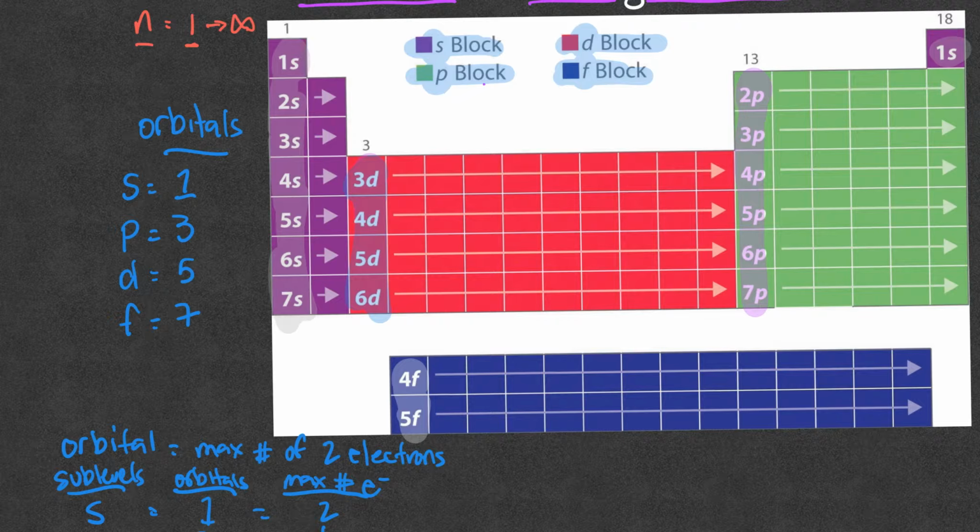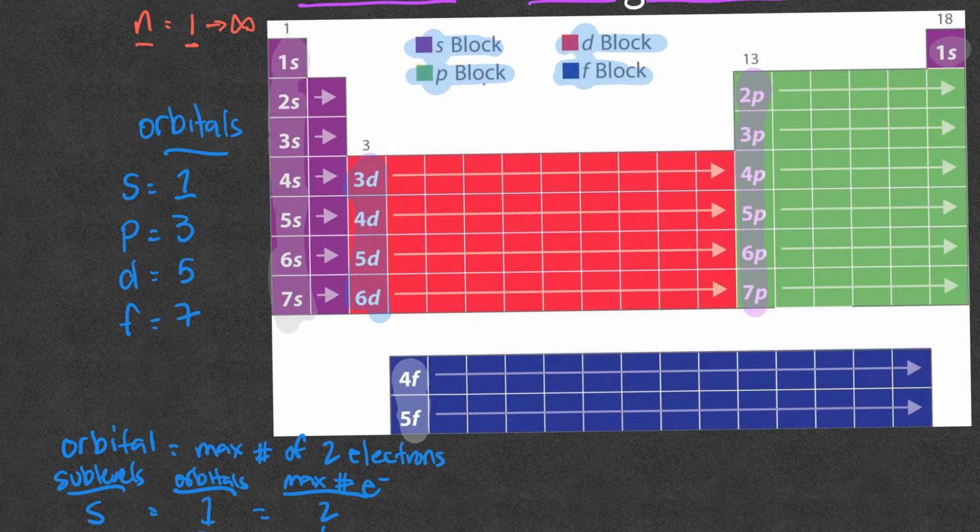So starting from the first energy level, the S is introduced. You will never have a D sublevel or an F sublevel in the first energy level, nor a P. Starting from the second energy level, you will start seeing P. Now in the second energy level, you could have S as well.